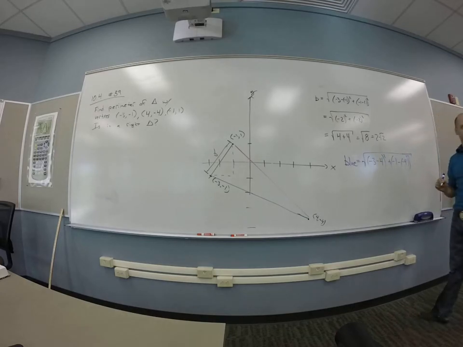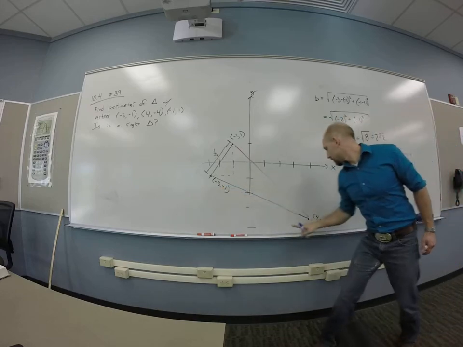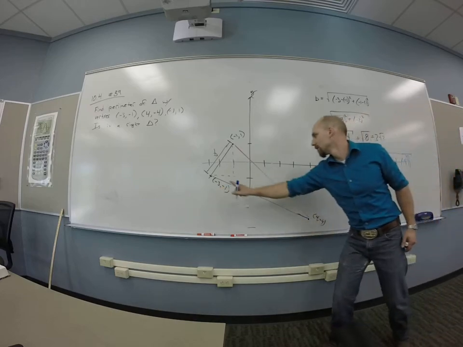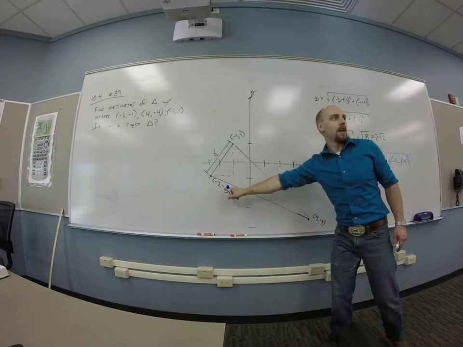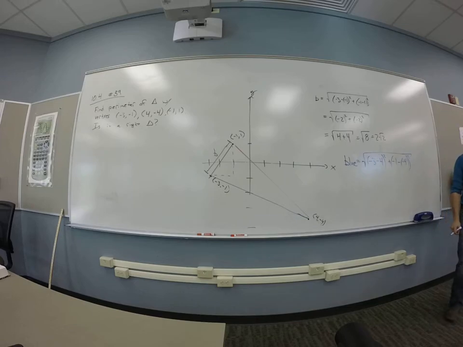So that's the x minus the other x, squared, added to the y minus the other y, squared, and then the square root of the whole thing.